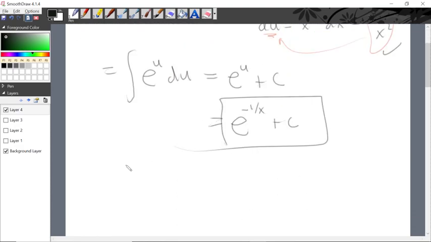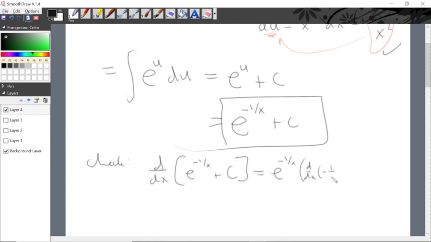And we can certainly check our answer. The derivative with respect to x of e to the negative 1 over x plus c, we would need to apply the chain rule to do that. The derivative of e to the negative 1 over x is e to the negative 1 over x times the derivative of negative 1 over x, and then the derivative of the constant is just 0.